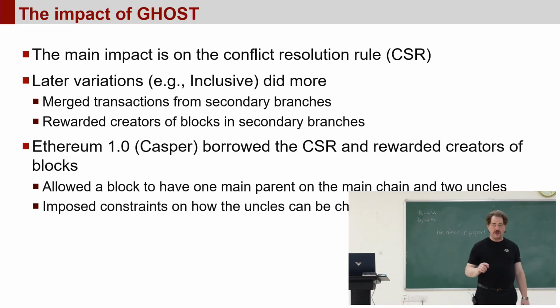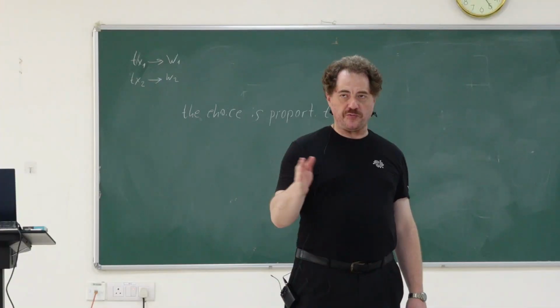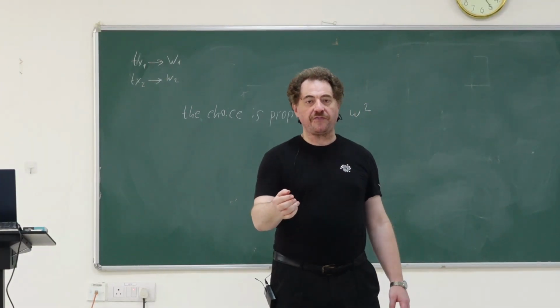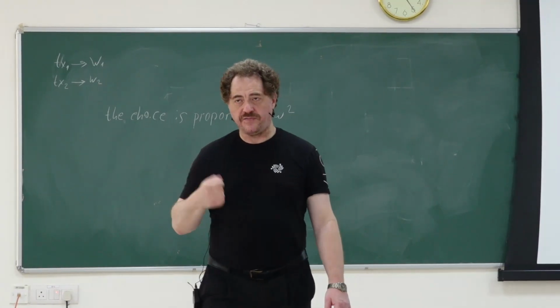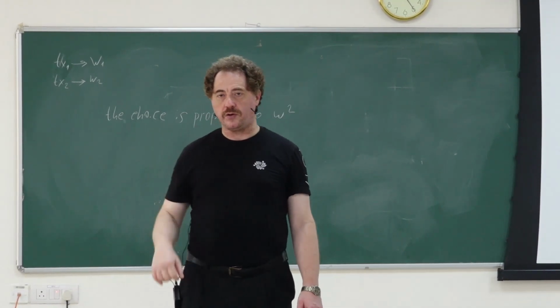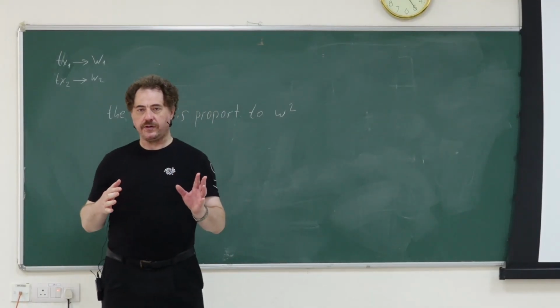For example, in Ethereum, before Ethereum switched to proof of stake, they had the concept of uncles. This concept comes from Inclusive. So what are uncles?